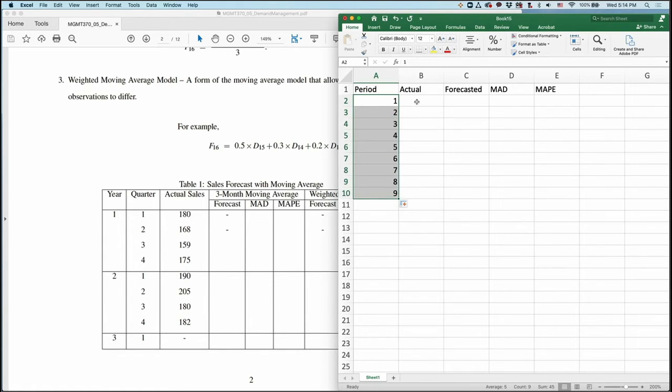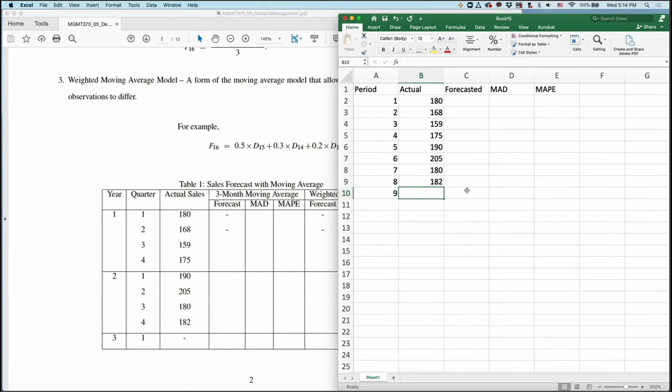Actual sales are 180, 168, 159, 175, 190, 205, 180, and 182. So now we want to forecast the next period.